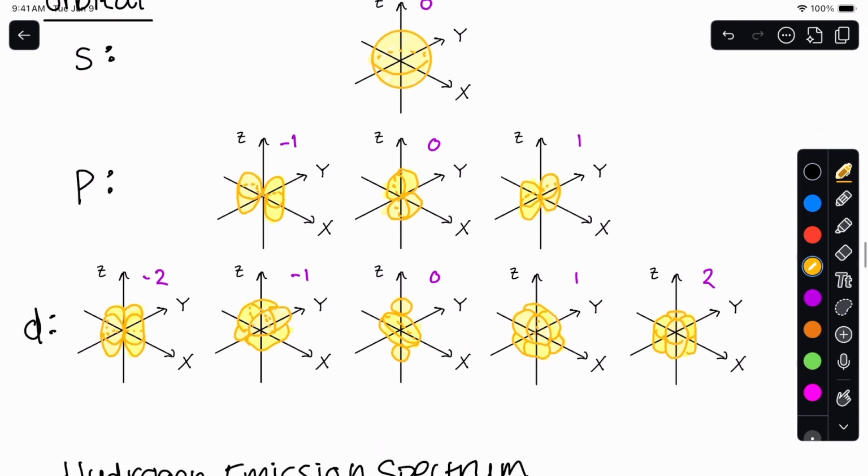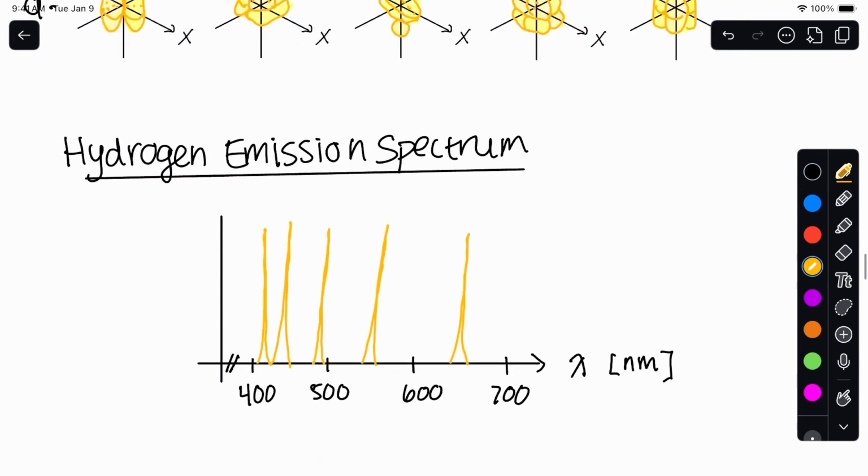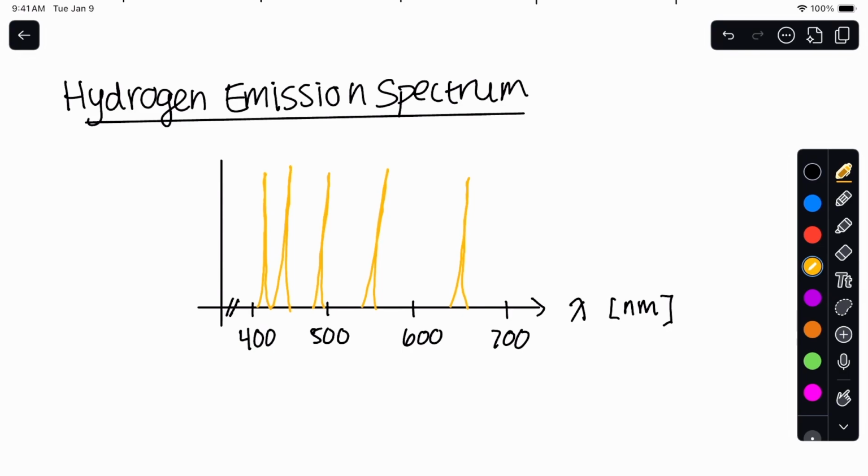A consequence of that is that atoms also have a discrete emission spectrum. So for instance, the emission spectrum of hydrogen looks something like this, where these are the wavelengths of light that hydrogen can emit. And each peak in the emission spectrum corresponds to an allowed transition between two electron orbitals, or energy levels. And only certain transitions are allowed.